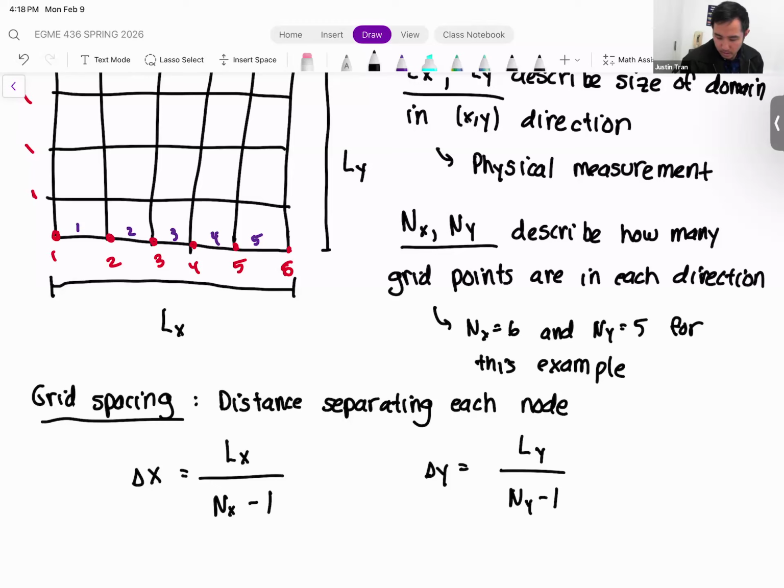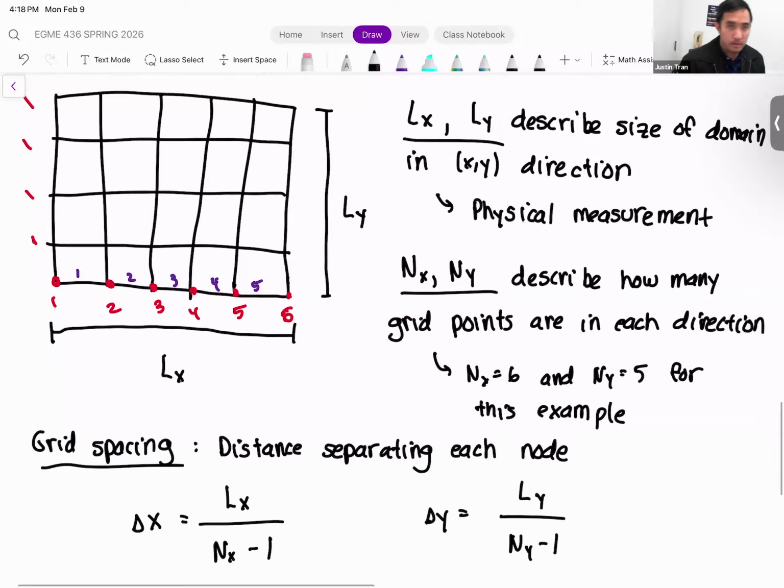Any questions on this so far? Okay, good. Let's get to the first big topic, which is node numbering and node labeling.